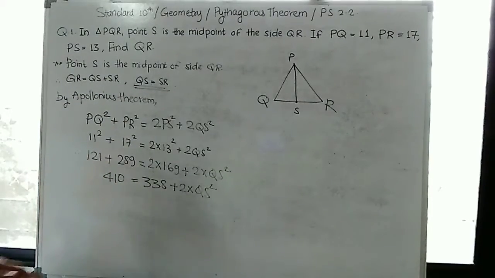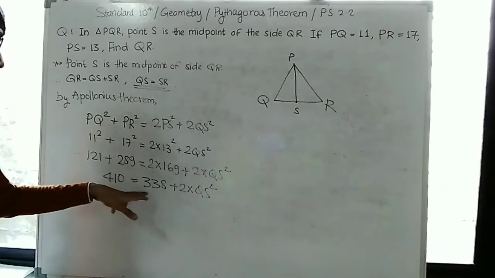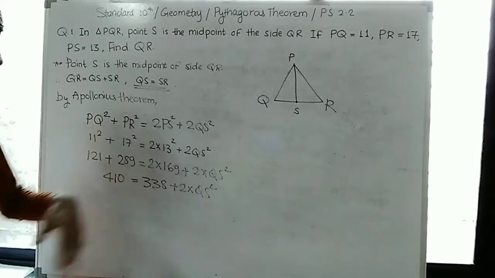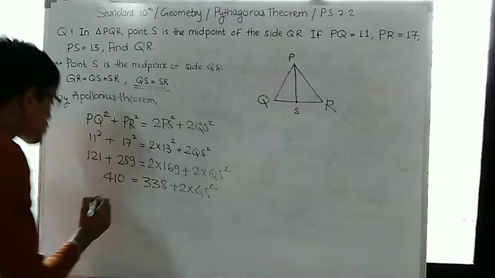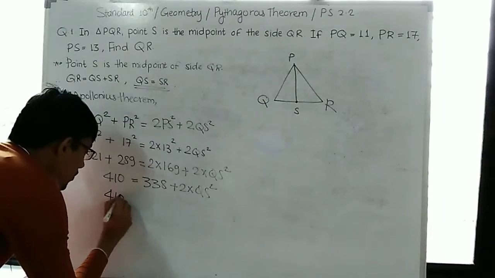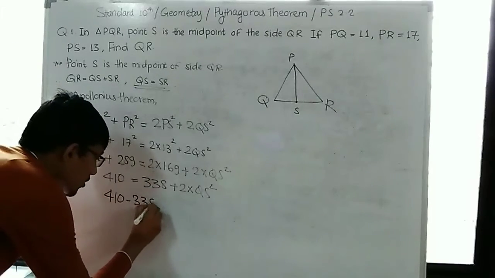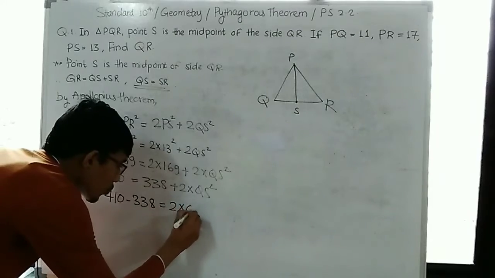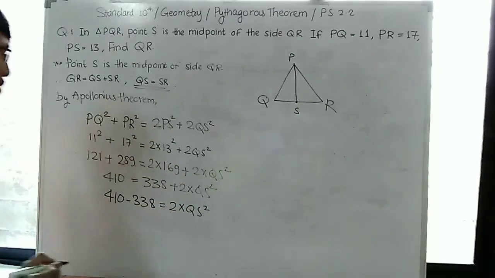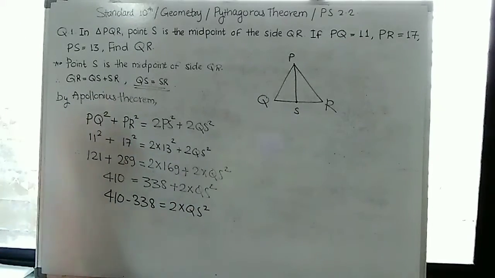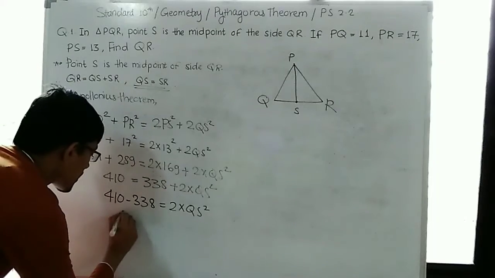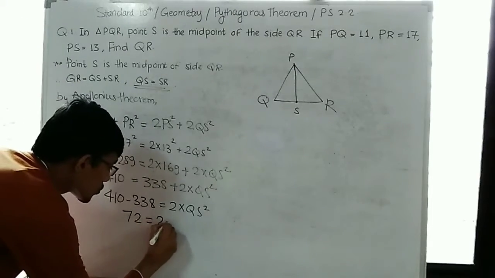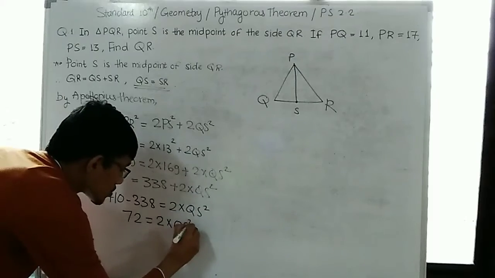So 410 minus 338 will give me 2 into QS square. 410 minus 338 is 72, equal to 2 into QS square.